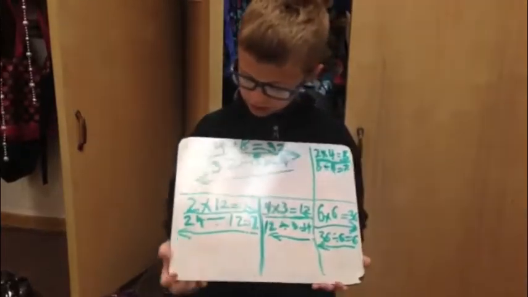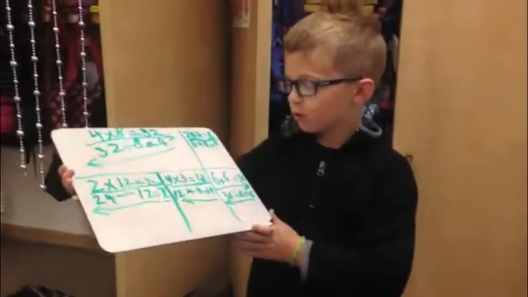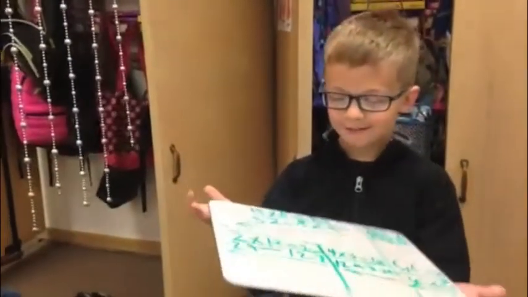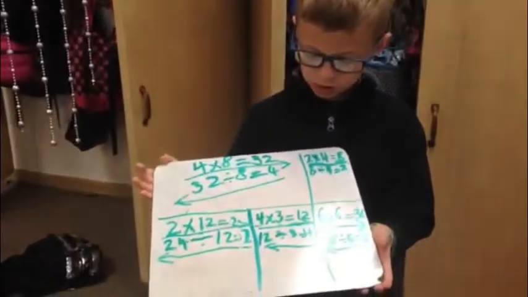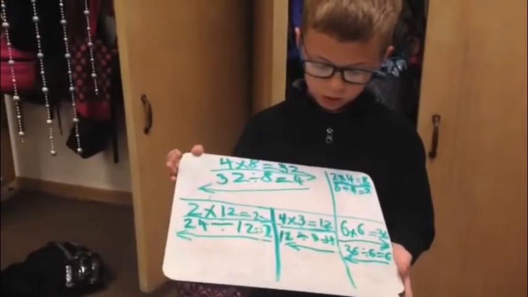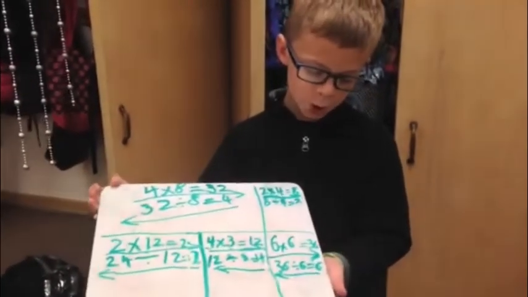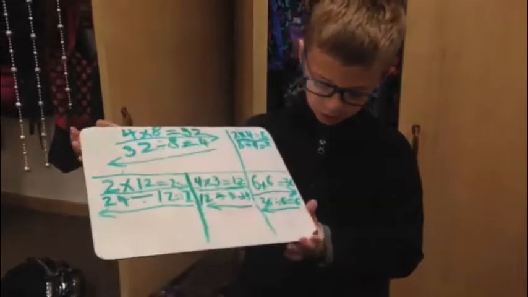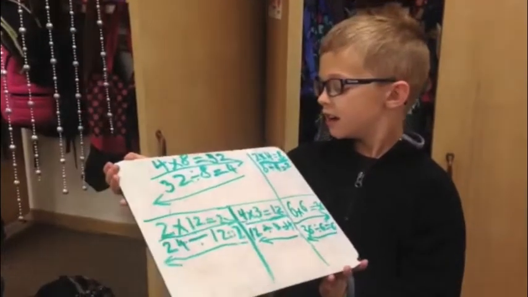And then 2 times 12 equals 24. 24 divided by 12 equals 2. 4 times 3 equals 12. 12 divided by 3 equals 4. 6 times 6 equals 36. 36 divided by 6 equals 6. And 2 times 4 equals 8. And 8 divided by 4 equals 2.